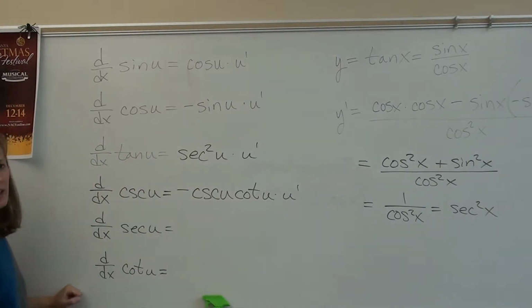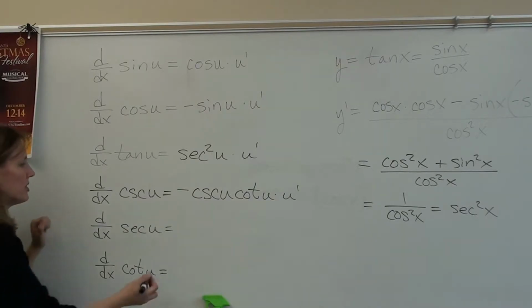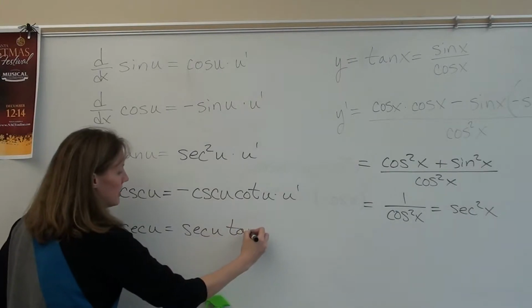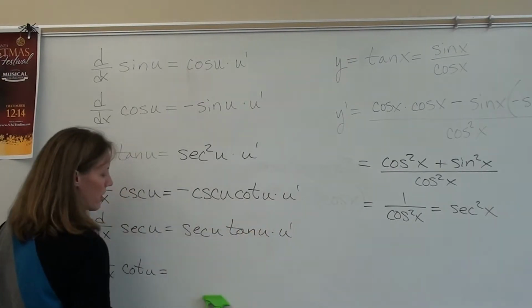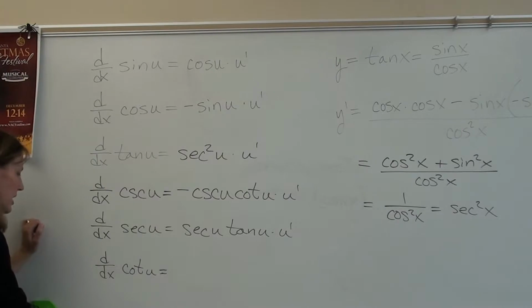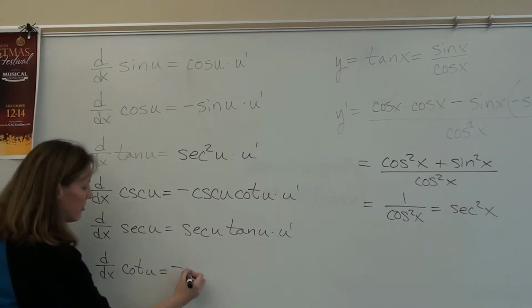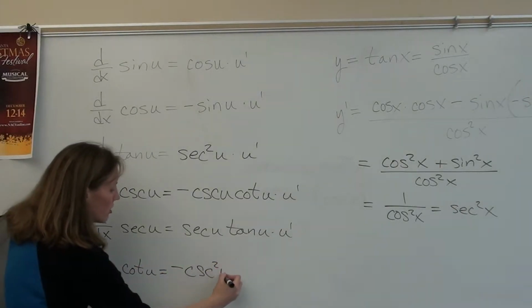And to find these, it's the exact same way, right? So the derivative of secant u is secant u tangent u times u prime. Hey, if the derivative of tan is secant squared, what do you think the derivative of cotangent is? Cosecant squared. It's negative cosecant squared u.